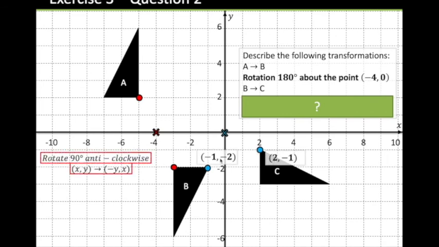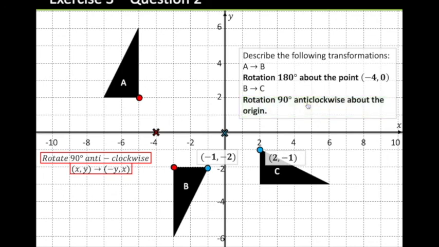And by the rules that we learned before, for 90 degrees anti-clockwise rotation, point x, y changes to negative y, x. So here we have point -1, -2, changing to point 2, -1. Again, we measure that from the center of rotation. 1 unit to the left, 2 units down, so -1, -2. And here we have 2 units to the right and 1 unit down, so 2, -1. So the answer is it is rotation 90 degrees anti-clockwise about the origin.